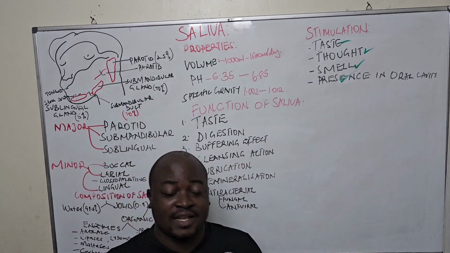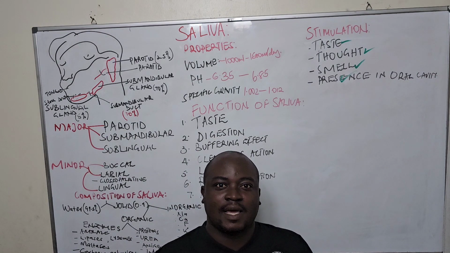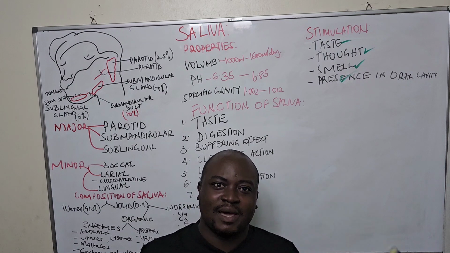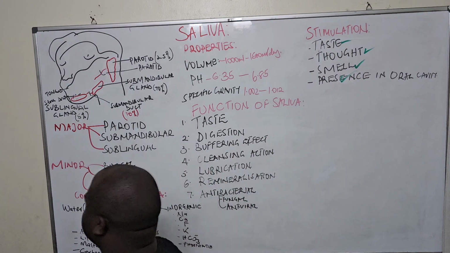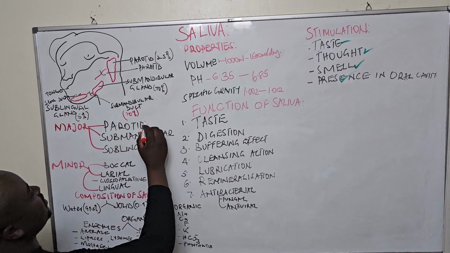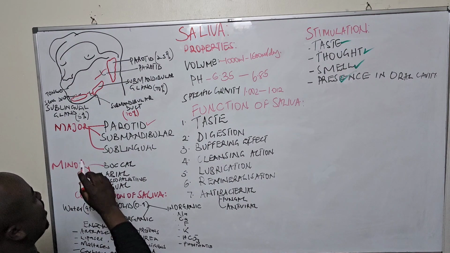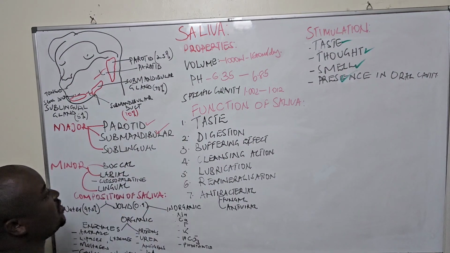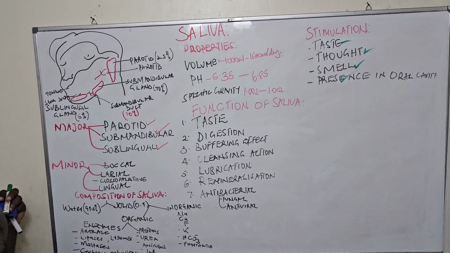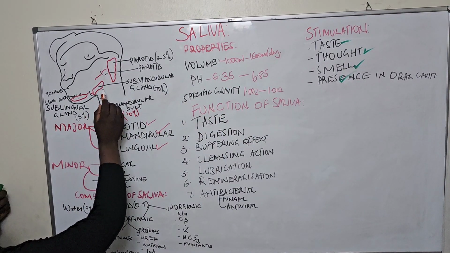Where is this saliva coming from? We said there are major salivary glands and minor salivary glands. For example, the parotid, the submandibular, and also what? Sublingual. Where are they found? The submandibular is just found under.